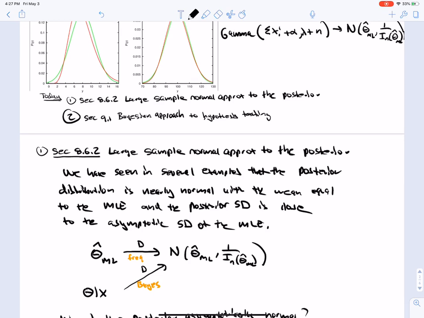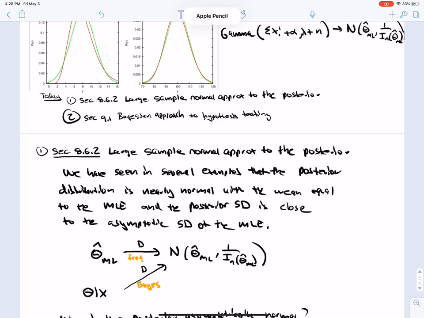So we've seen now in a few examples here that the posterior distribution is nearly normal with the mean equal to the MLE, and the posterior SD is close to the asymptotic SD of the MLE.